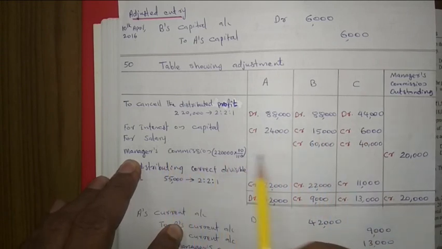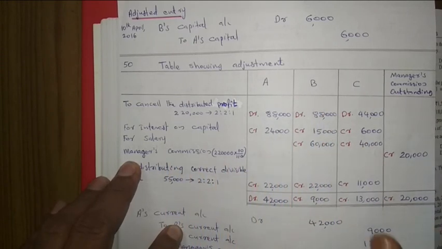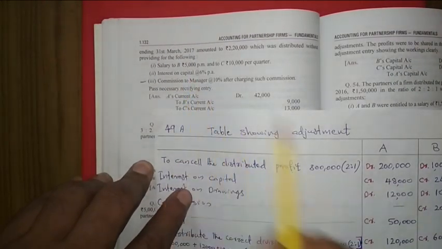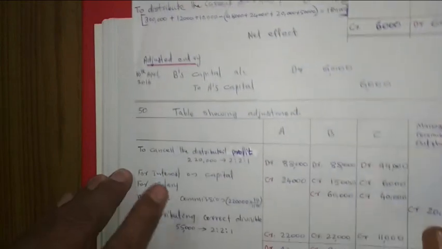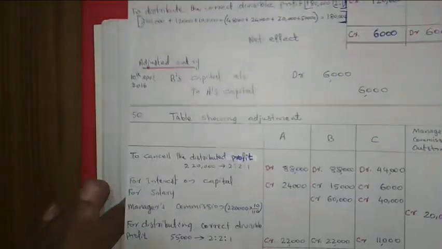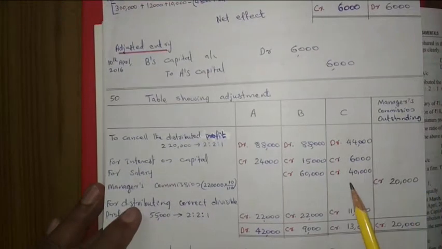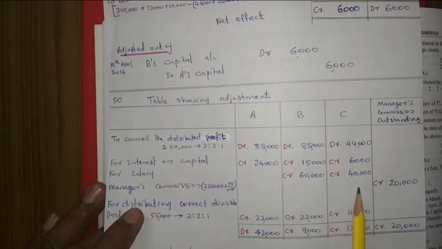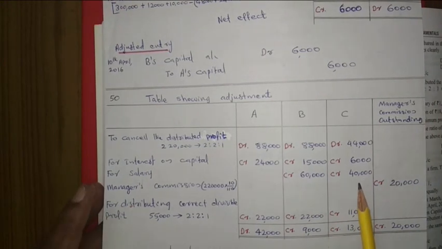Then salary, 2 partners are getting. Regarding the salary, the question says B's salary is per month, so multiplied, we got 60,000, and C's salary is per quarter, so we multiplied by 4, 4 into 10,000, 40,000 is the total salary.